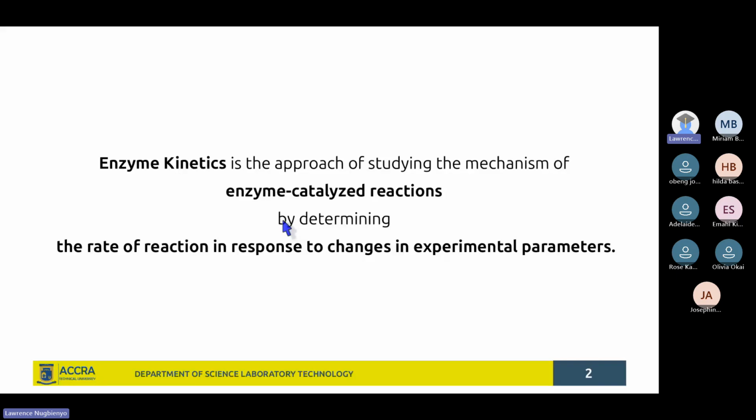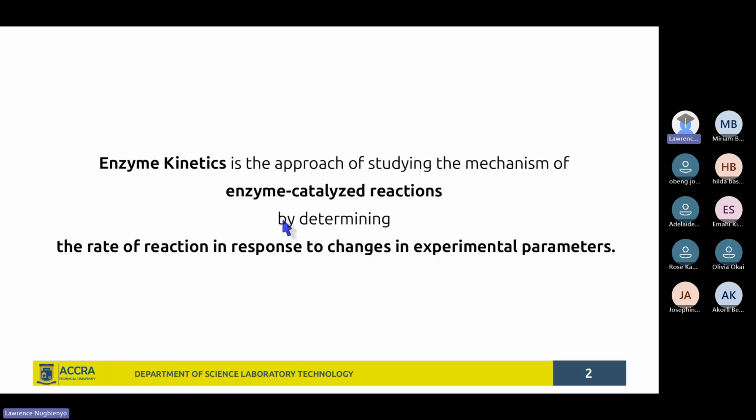The last time we looked at factors that affect enzyme activity, when we were looking at the dependence of the rate of enzymatic reactions on temperature, on pH, on the concentration of enzyme, and also substrate concentration. So these were factors that we saw to be affecting enzyme activity.